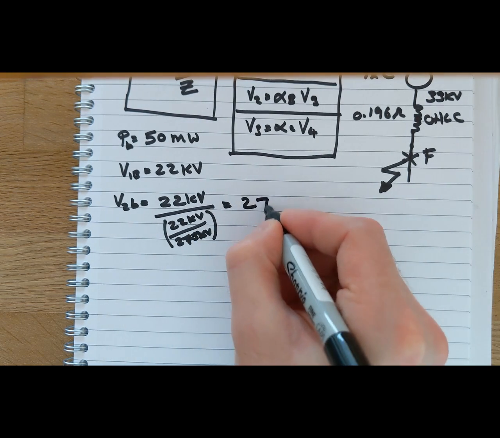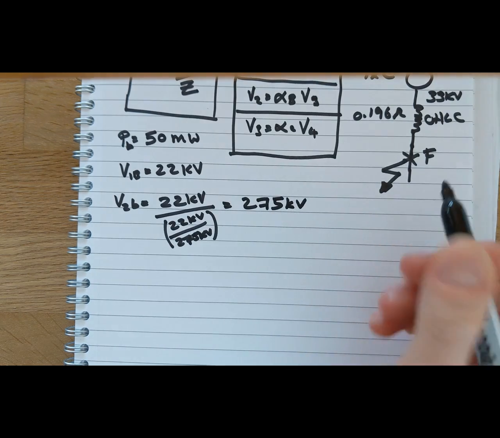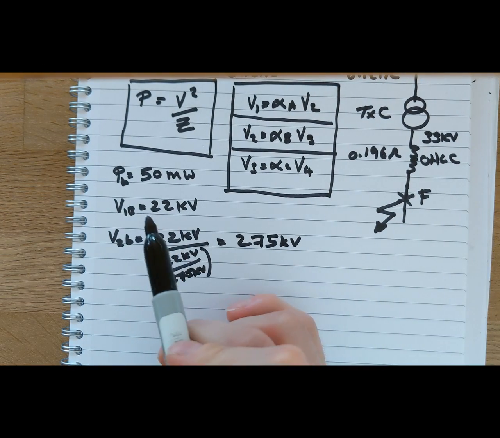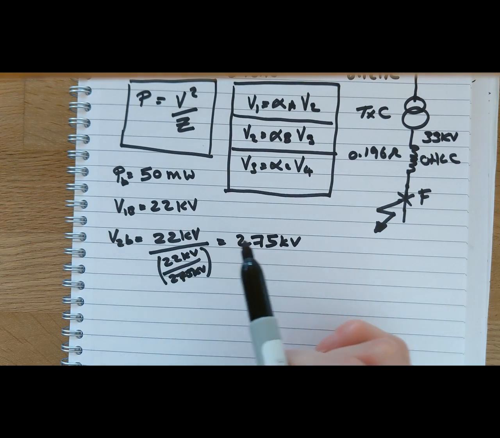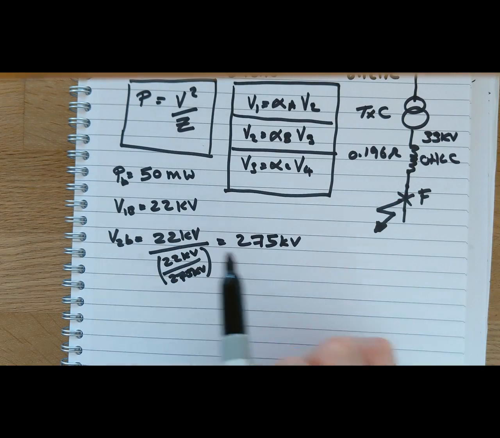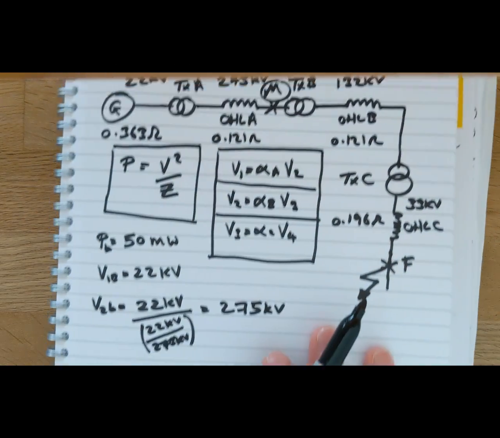Obviously, that just gives you 275 kV. So if we choose 22 kV as our base 1, we're forced to use voltage base 2 as 275 kV, which is very convenient.